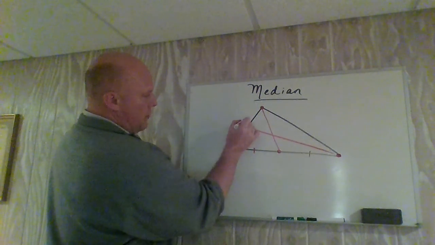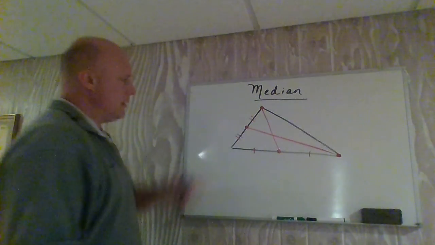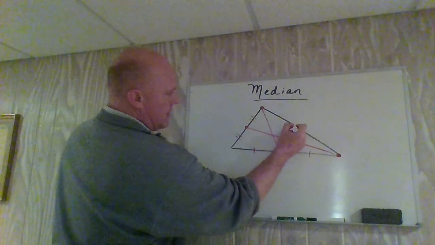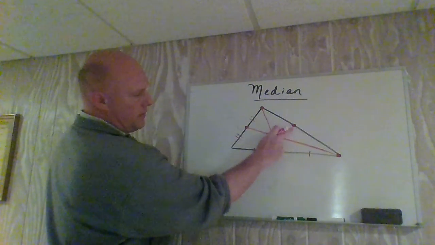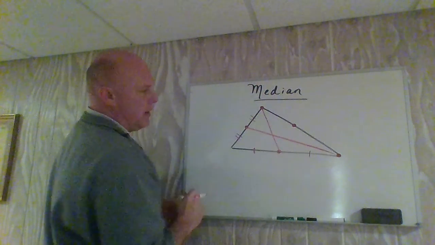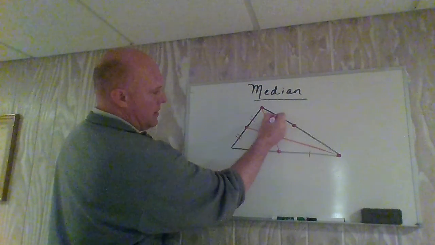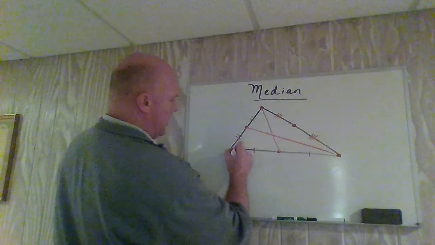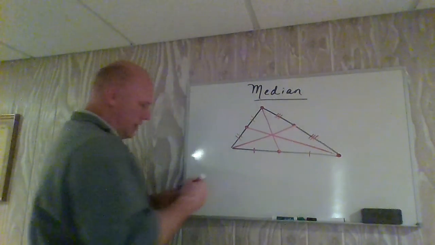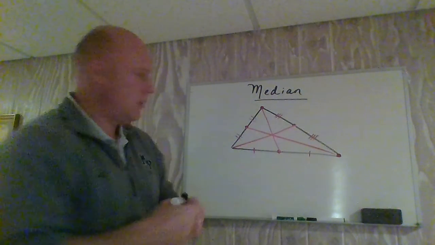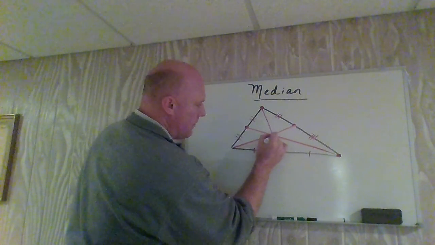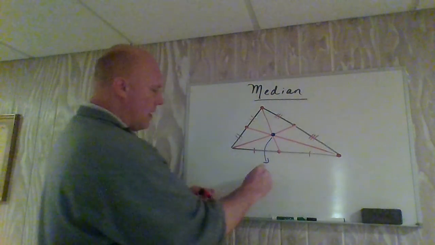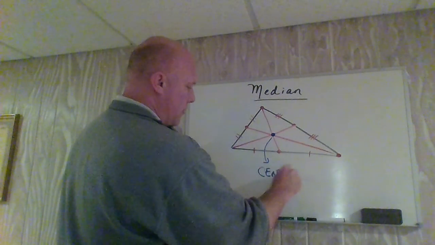That would mean these two pieces would be equal or congruent. And then let's assume that this point is the midpoint of this segment, which would mean these two pieces are congruent. I'll draw 3, and let's connect them. As you can see, they also have a point of concurrency, and that point of concurrency would be called a centroid.